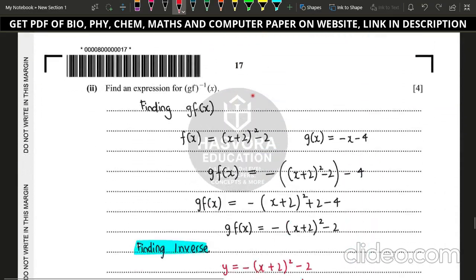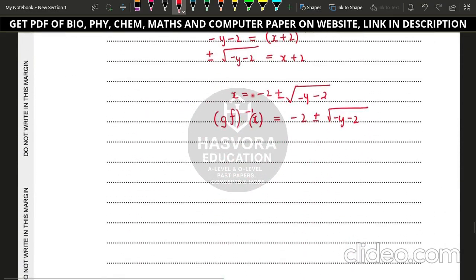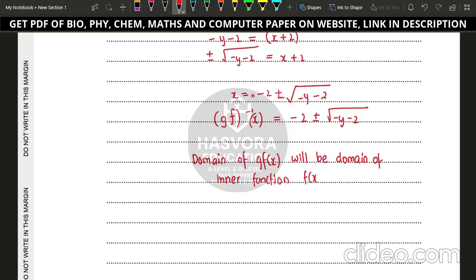I just told you that the domain of gf of x will be the domain of the inner function, which is f of x, and it is x less than or equal to minus 2.